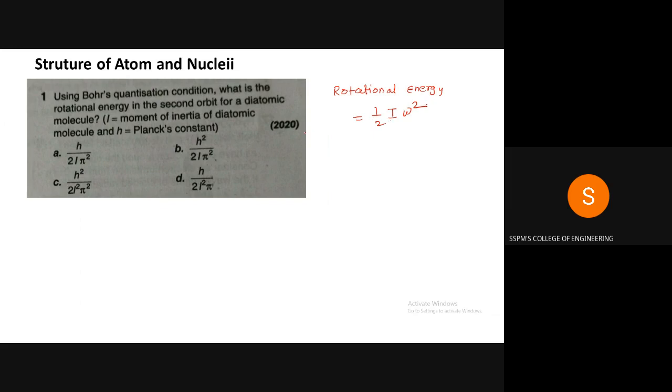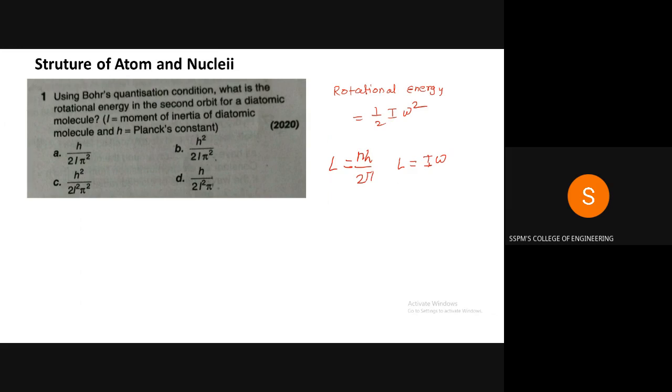But we know that L equals nh upon 2 pi. But what is L? L is angular momentum, and that angular momentum is also expressed in terms of I omega. Okay.